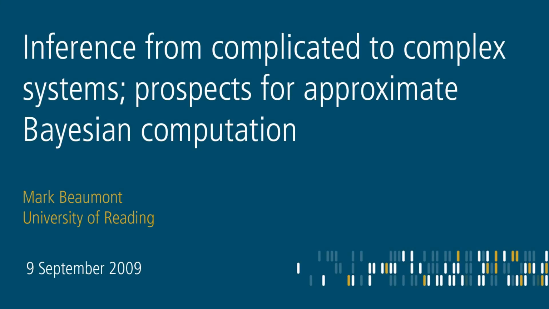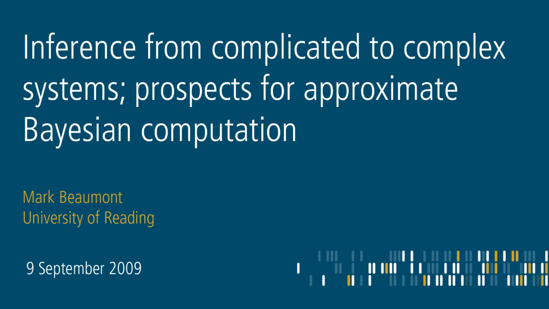I'm going to talk a bit about this computation approach, approximate Bayesian computation, that's originated in recent years in population genetics, although I believe there are examples of its use many years ago. But it has mainly been used until now in population genetics problems.